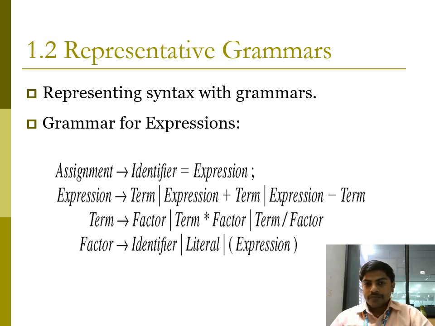The term can also be a factor, or term multiplied by factor, or term divided by factor, where the individual factor can be an identifier, literal, or parenthesized expression. This is a simple grammar representing expressions, or arithmetic statements, or assignment statements.